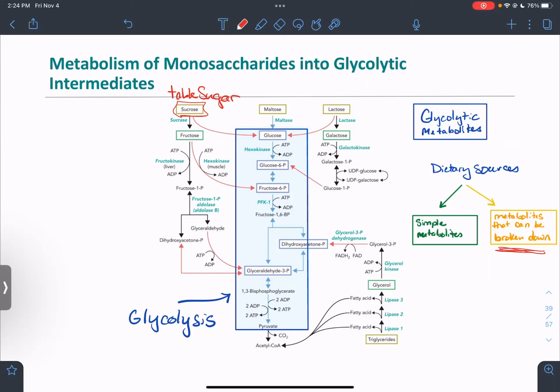When sucrose is broken into monosaccharides, it turns into fructose and glucose. The glucose can directly enter the glycolytic pathway, but fructose cannot. Fructose would have to be phosphorylated to enter as fructose 6 phosphate.